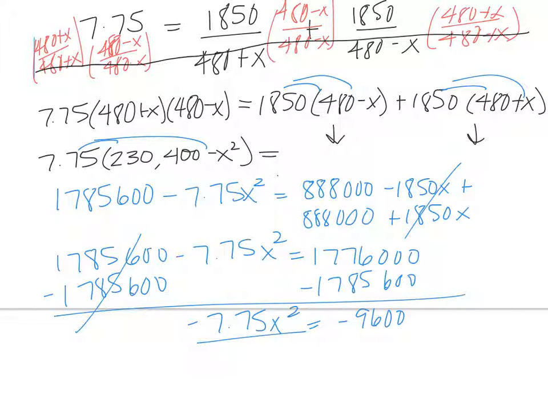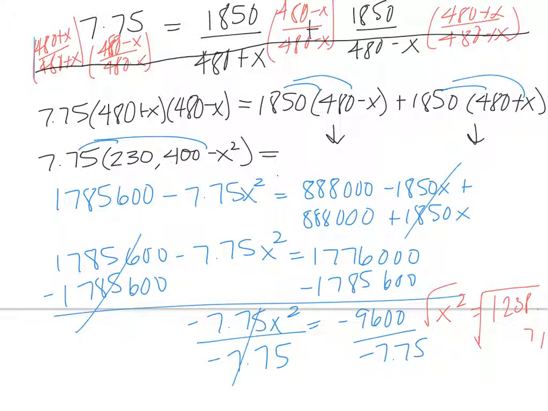If I divide both sides by negative 7.75, then x squared is going to equal about 1,238.71, and then we know we're going to need to take the square root of that.